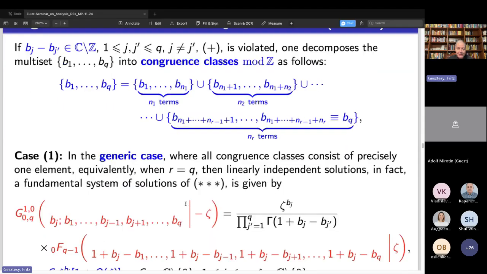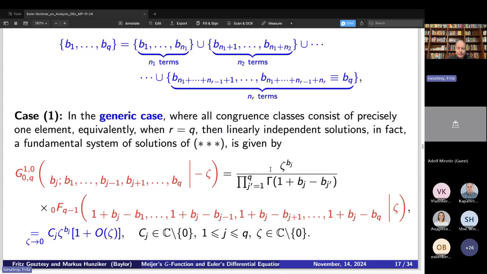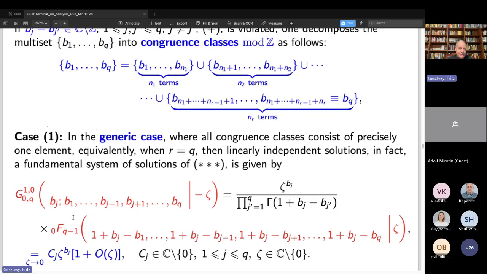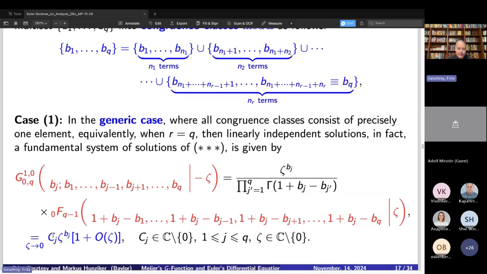And in that case, we saw this before, that the fundamental system of solutions is of the form power times f's. Now our f's are somewhat special. There's a 0 here because we put p equals 0. And since f has such a simple asymptotic as zeta goes to 0, you immediately get the asymptotic of this object: this power, fractional power in general, zeta to the bj times 1 plus order zeta.